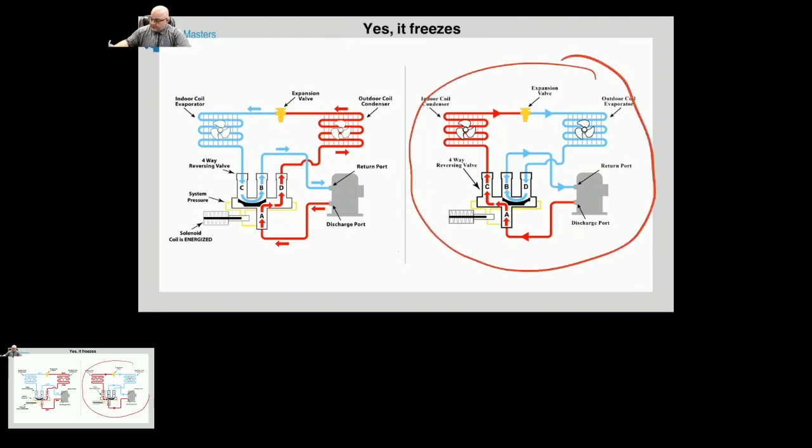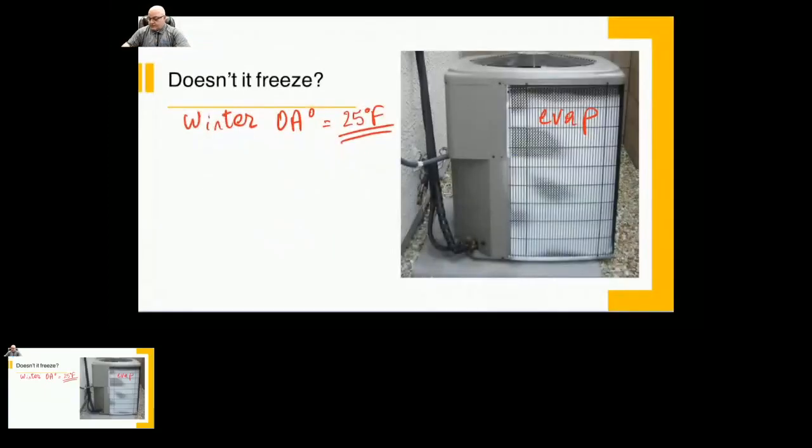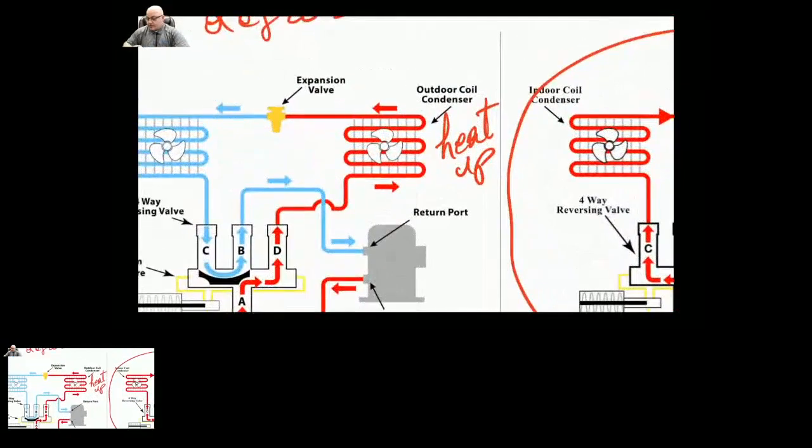Okay, we were here and we had this freezing. What we do is something we call a defrost. During a defrost, we actually heat up the outdoor coil like so. You see how we heat up the outdoor coil?